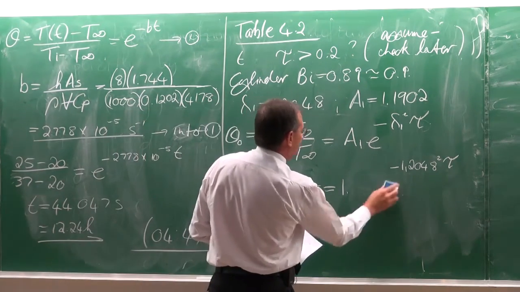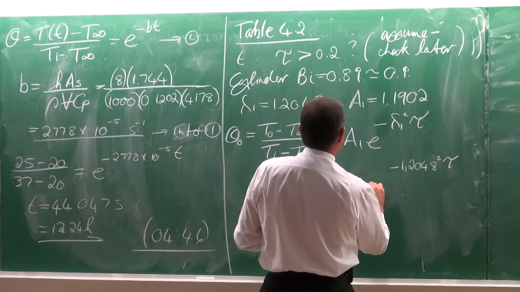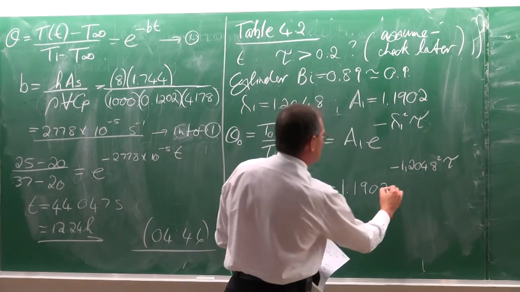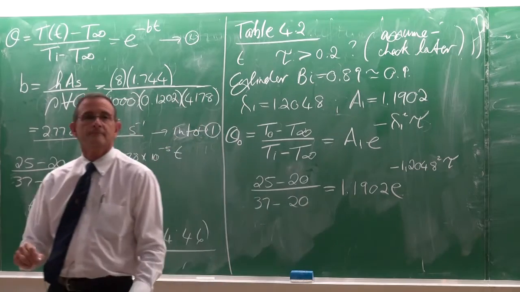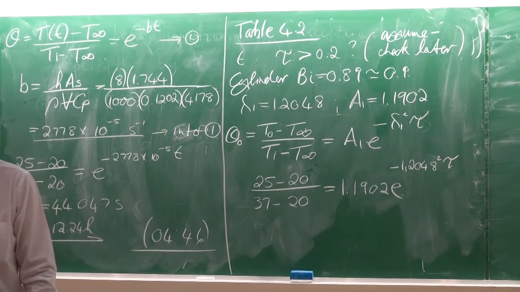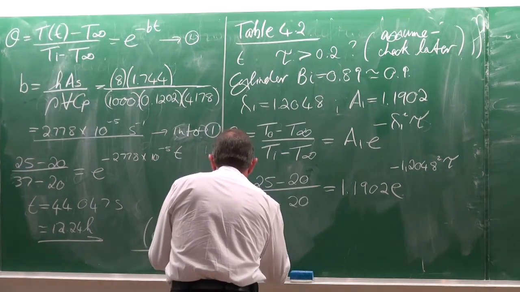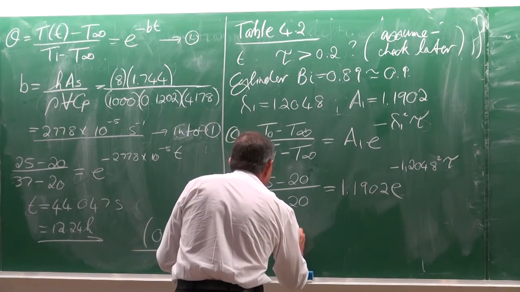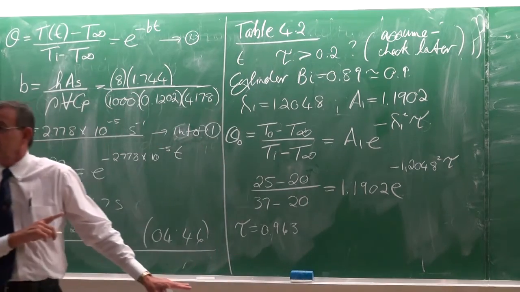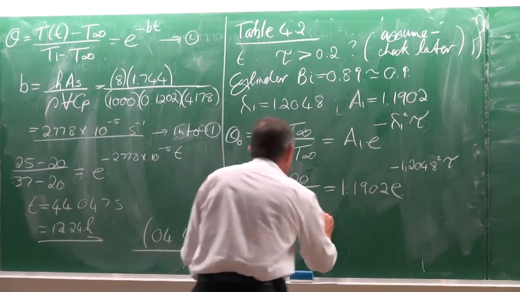Is it here? So it is 1.1902 e. Is that right? Okay. And from that, we can get tau, which is then equal to 0.963, which is great, because it's now larger than 0.2.